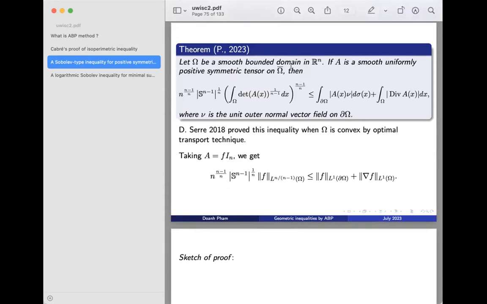So in the sigma k version, one may look at, instead of A here, you can put Tk, the Newton tensor, because the determinant of it is like the determinant of Tn. When A is uniformly positive, then the determinant of A to the power 1 over n minus 1 is just the determinant of Tn.